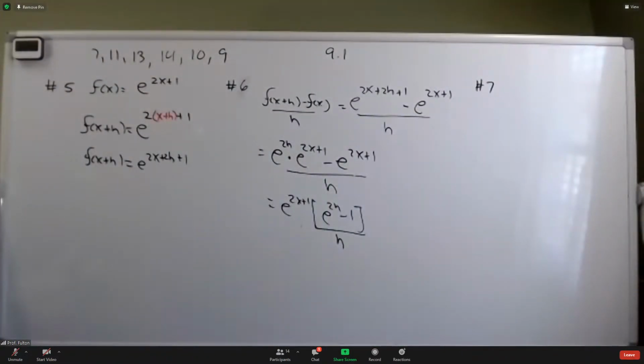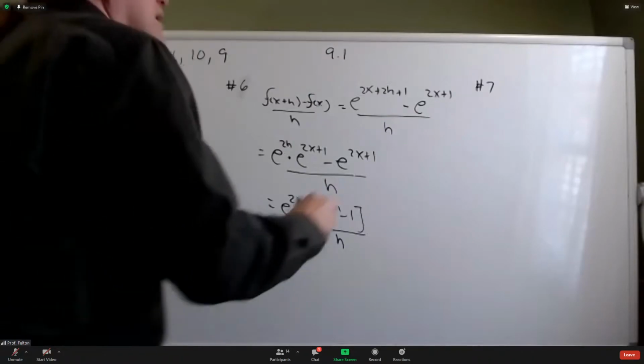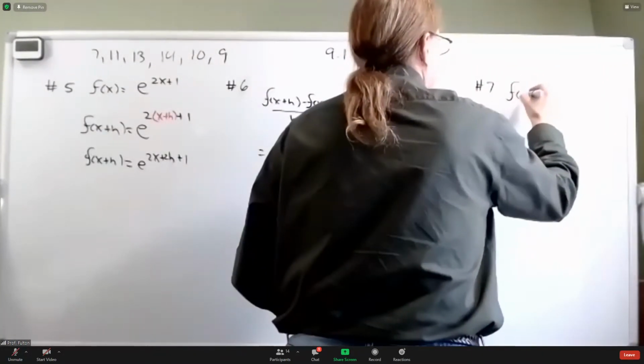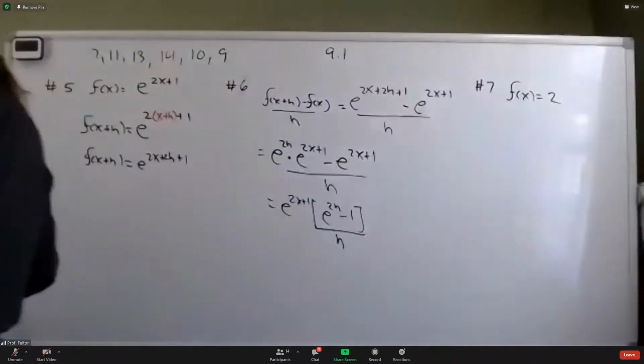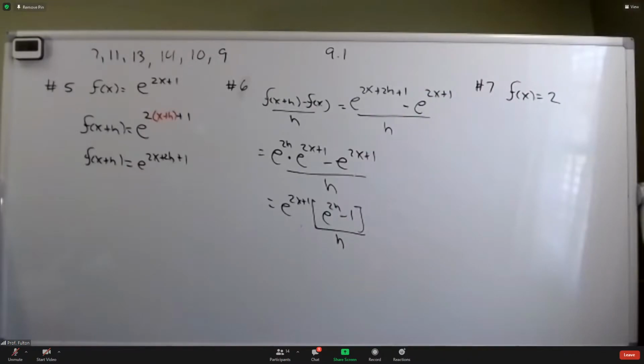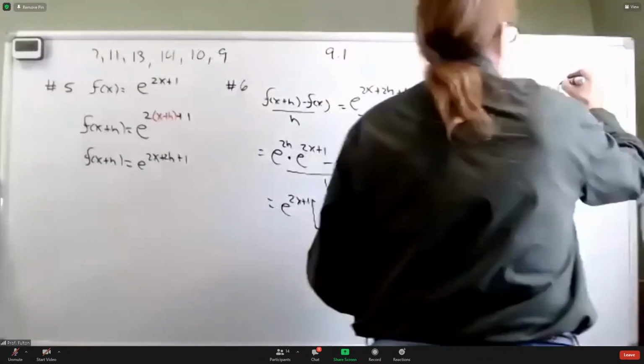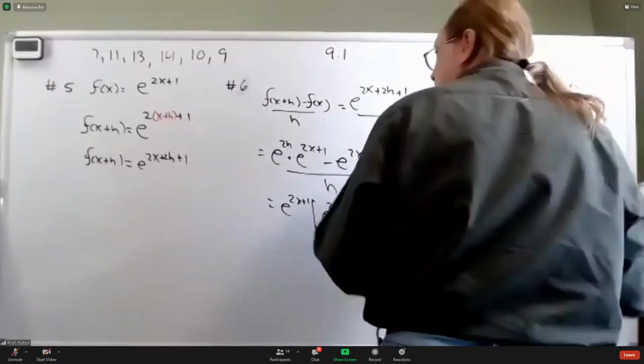So I have, given the functions below, simplify by combining using the rules of exponents. So I have f of x is equal to 2 to the 3x minus 1. And in fact, I'm going to give myself some room.